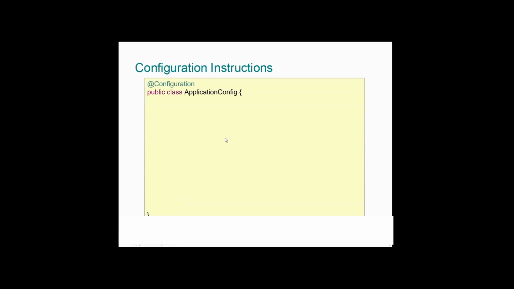It is purely used for configuration, providing all the configuration instructions in this class. That's how I recognize it, using this annotation, which is the configuration annotation. I'll annotate this class saying that this is my configuration annotation. I'll come back and explain what this configuration is later. Right now let's assume.